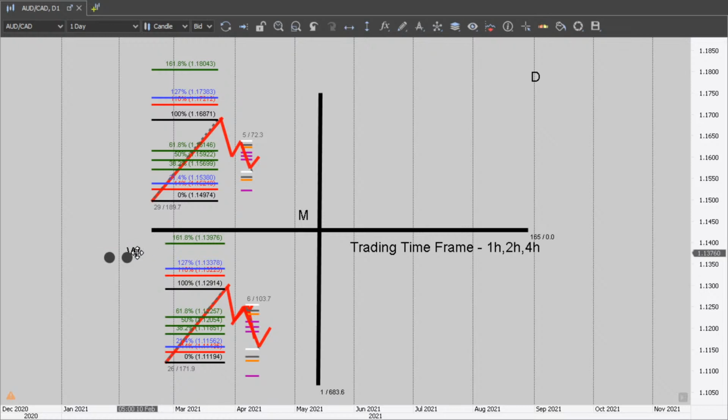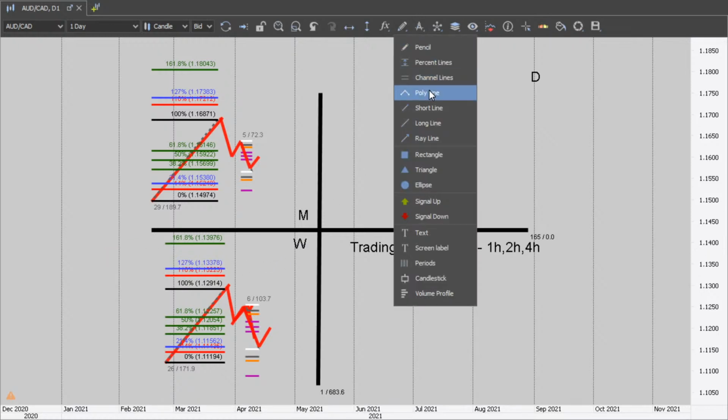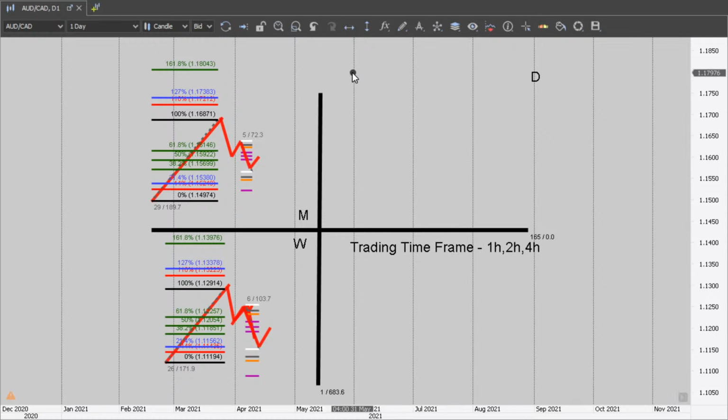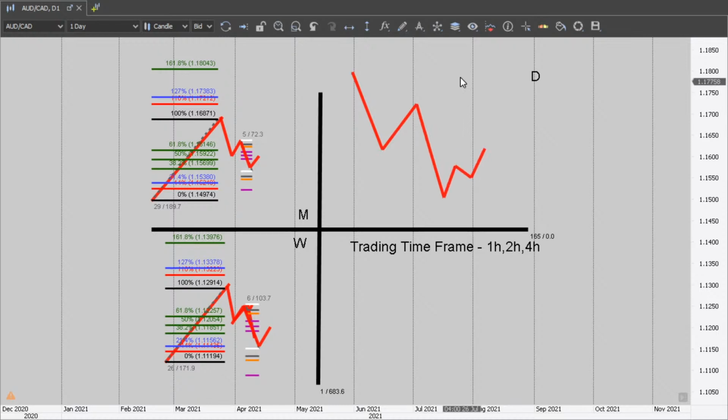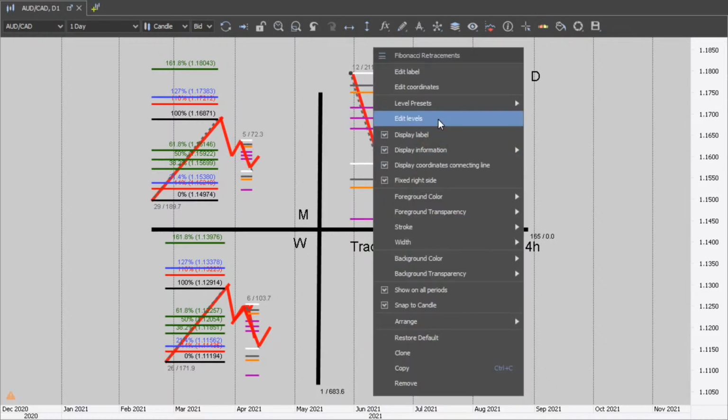Okay, so we have the monthly, we have the weekly, and now we have the daily, right? We have the daily, and the daily is going to look something like this. And we have a down original Fibonacci, and let's put it here, right? A down original Fibonacci, something like this.